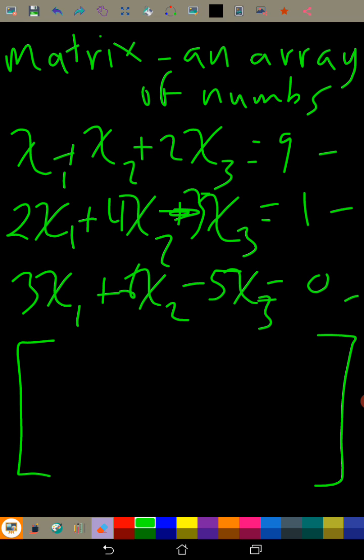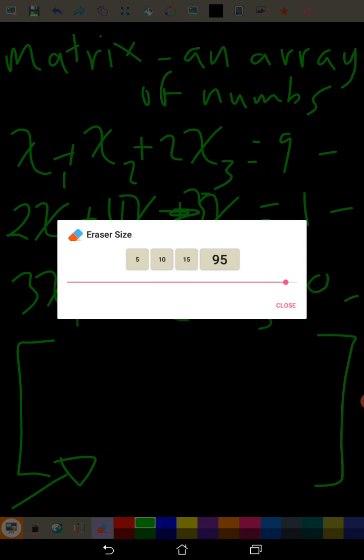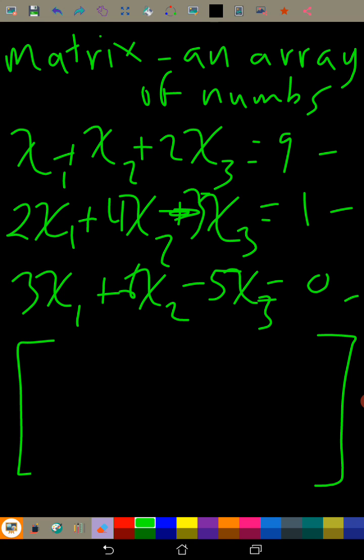And matrices are going to be called different names depending on how they look and how the numbers are arranged. So we're going to learn how to read the matrix. This is very interesting, reading the matrix just like in the movie. This is very profound, this is very deep.